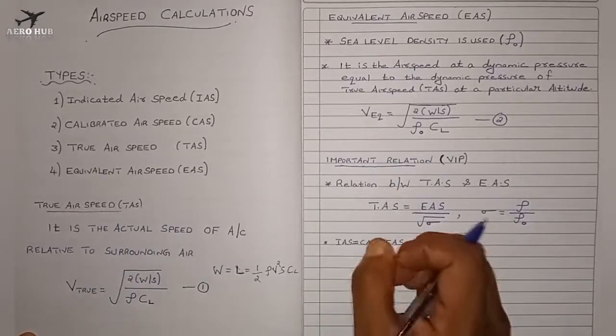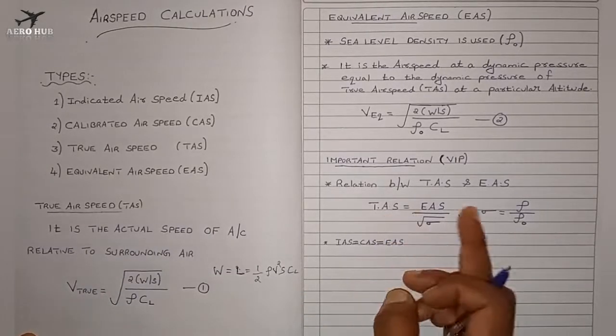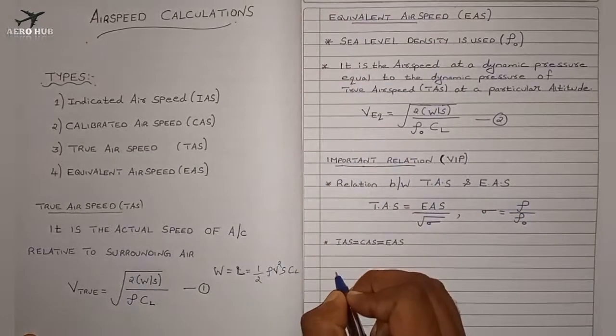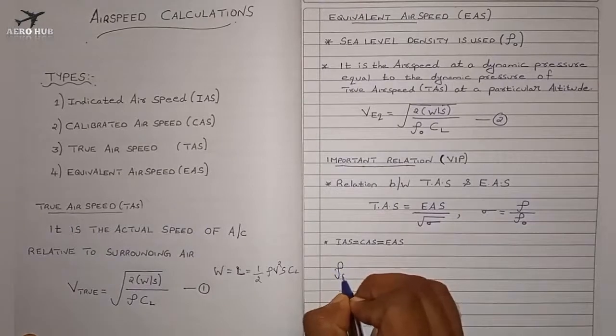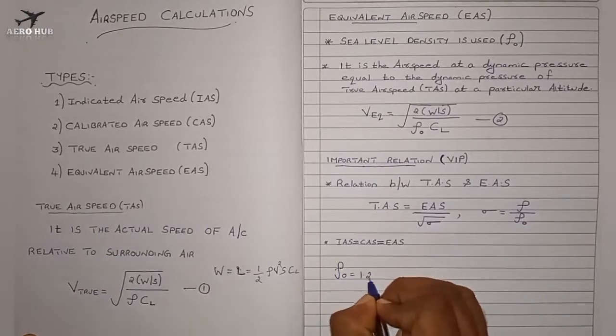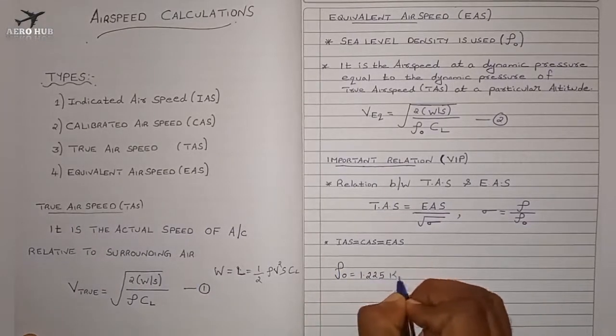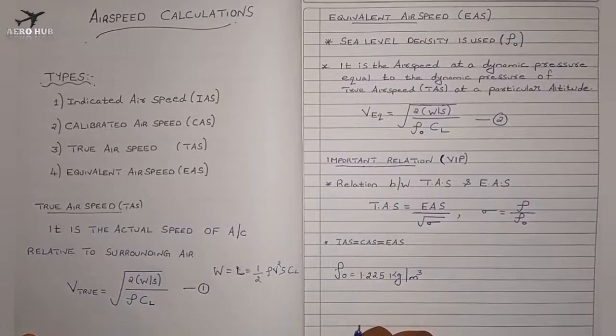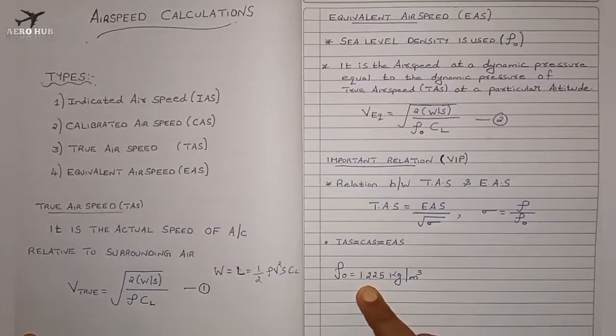So you can just substitute the value of sea level density. For most cases, rho naught will be equal to 1.225 kilogram per meter cube. This is the standard value for density at sea level, and you have to remember this value while doing the problems.